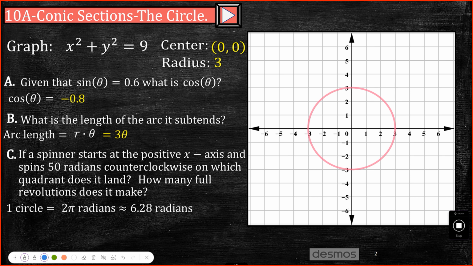Isn't that going to give it away now? Do you guys see it now, how we can figure this out?